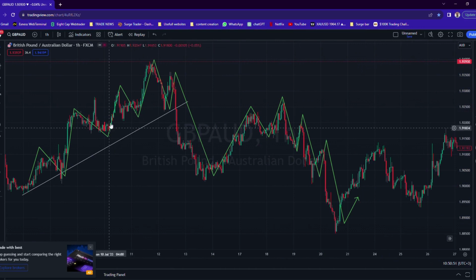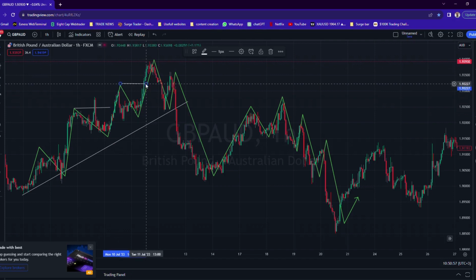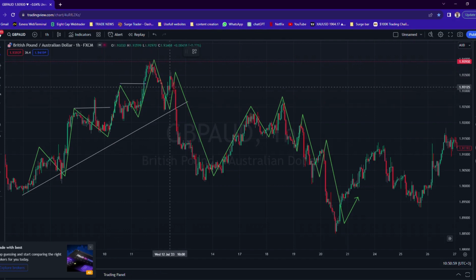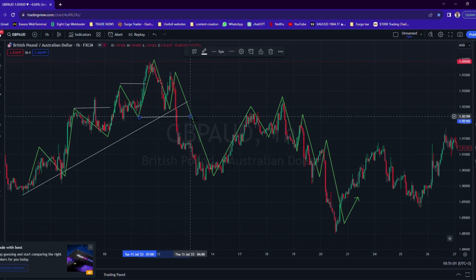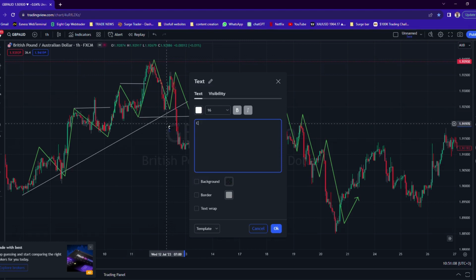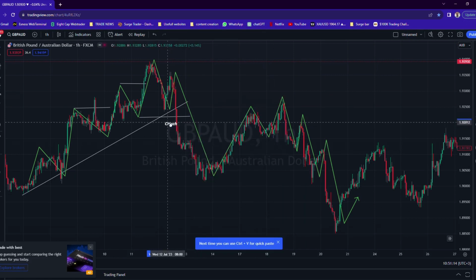As you can see, we are looking at a break of structure right here, another break of structure right here, and a break of structure right there. This is the change of character right there. So that is the change of character.